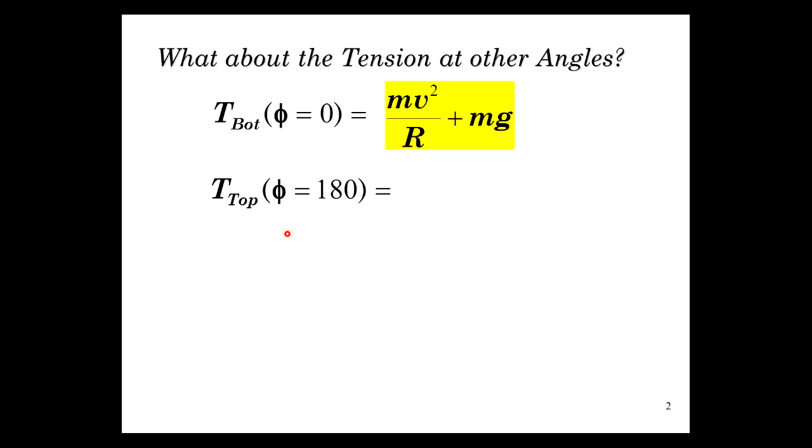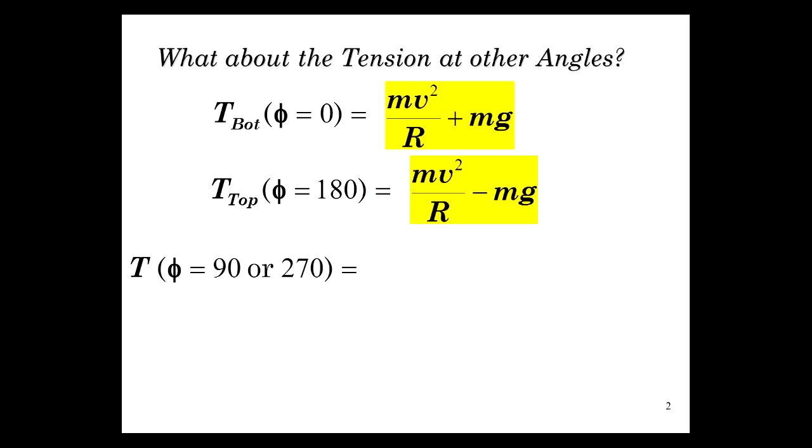At the top, gravity is helping. So gravity is acting inward, which is down, and that's helping the centripetal force. So the tension is less. The tension has to just do what gravity can't. And so it's the centripetal force, the total amount required, minus gravity, because gravity is already helping, reducing the tension that's needed.